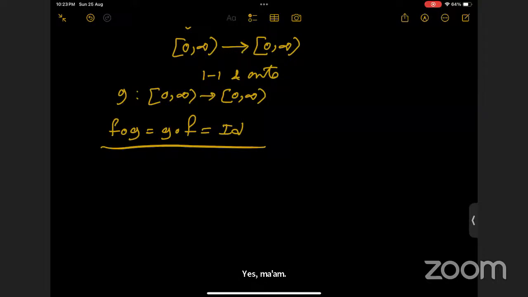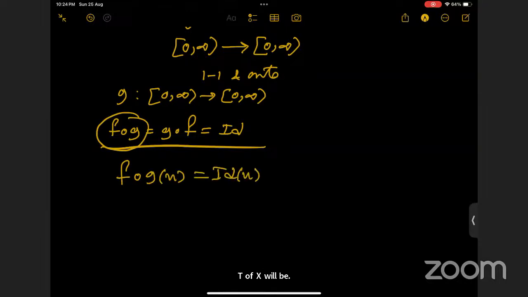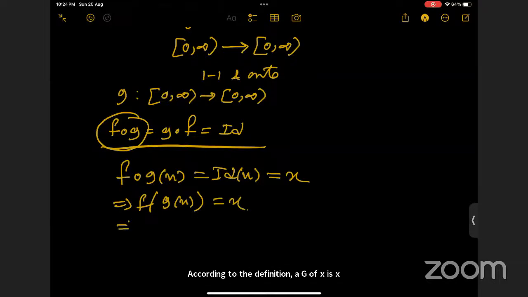Now we want to calculate g, right? So we put f of g of x equals identity of x, which is x again, right? According to the definition, f of g of x is x, and f of x means x square.